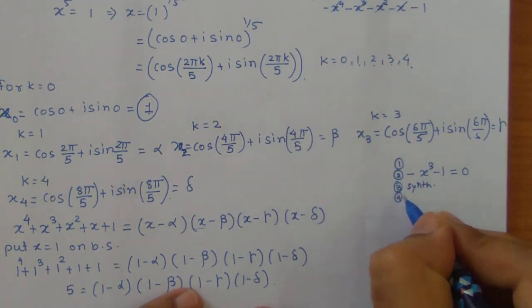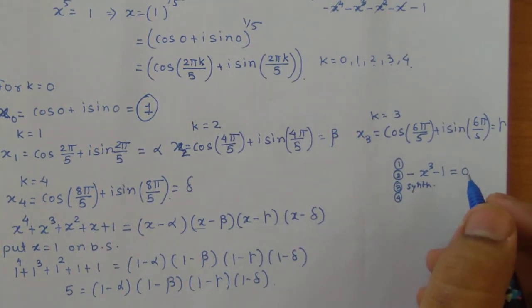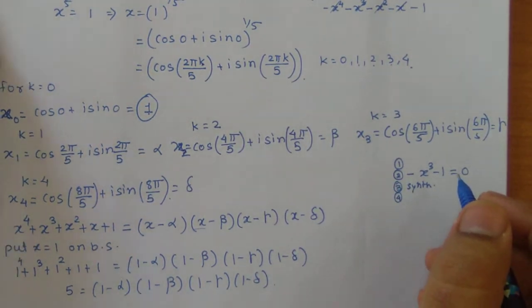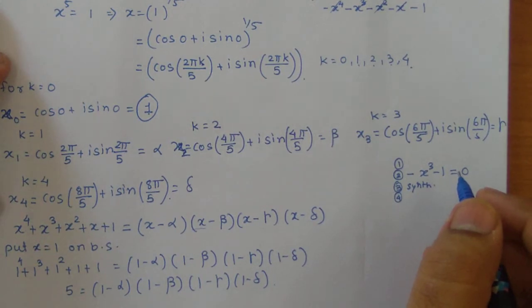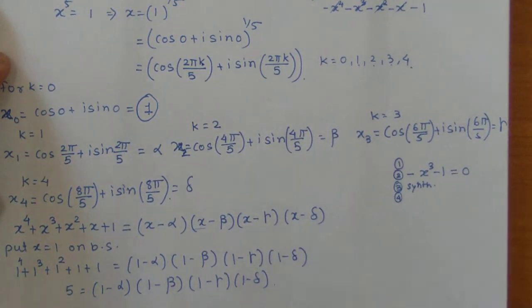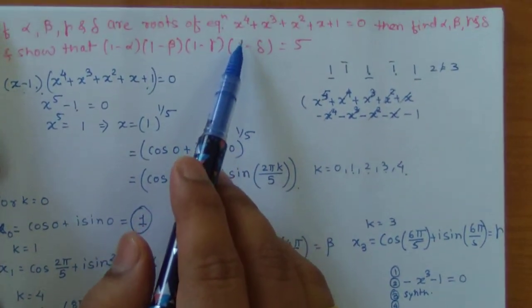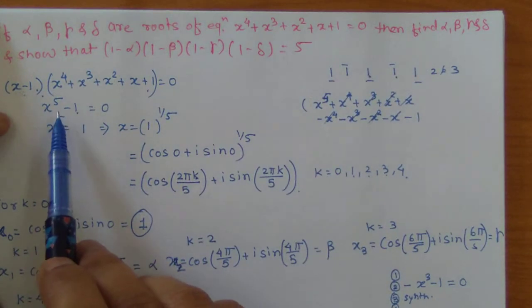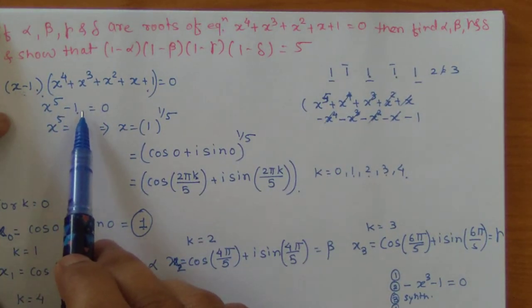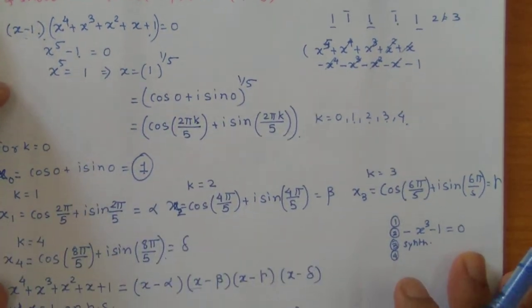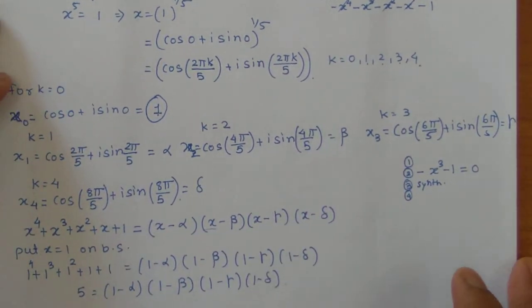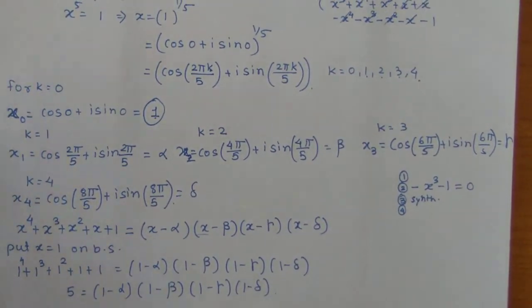And in today's lecture, the synthetic division is not applicable. Hence, we multiplied the given equation by some factor and took that equation to a higher order equation. Here the original equation is of order 4, and after multiplying by x minus 1, we get a new equation of higher order, that is x raised to 5 minus 1. So in all different ways, we can find the roots of the equation.